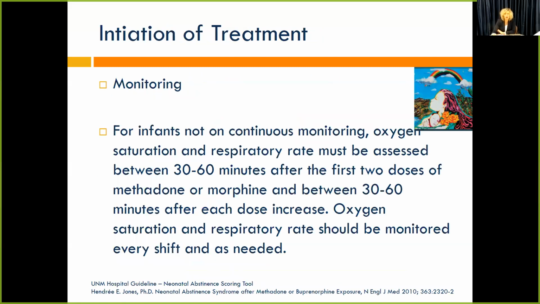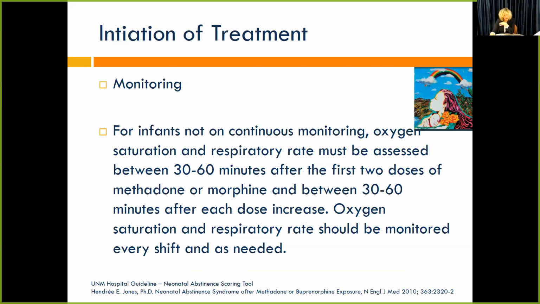And this is the recommendation for monitoring for babies. So we should hopefully have planned ahead, and we have the baby in a unit where we have the capability of either continuous pulse oximetry monitoring, which is how we do it at UNM, which has advantages and disadvantages, or we have the plan for someone to go in and assess the O2 sat and respiratory rate 30 to 60 minutes after the first dose and after the second dose, and then between 30 and 60 minutes after each dose increase.